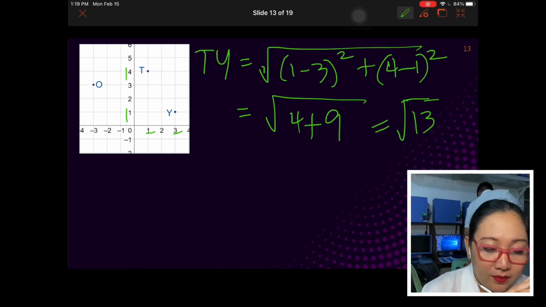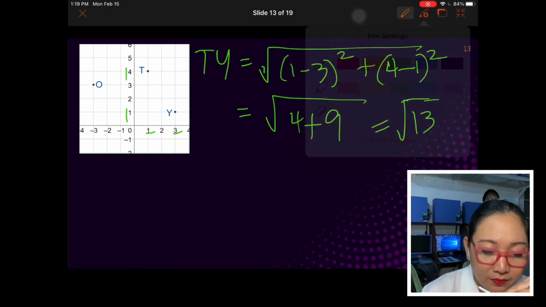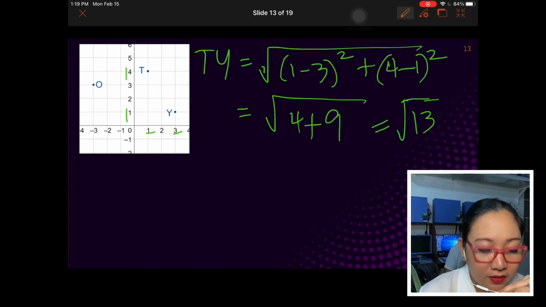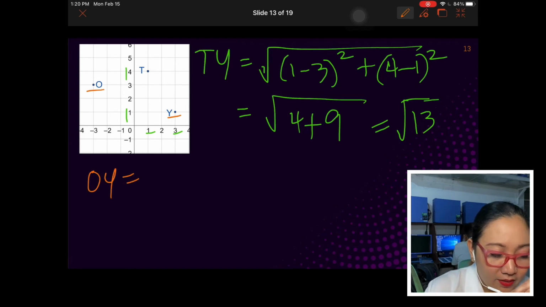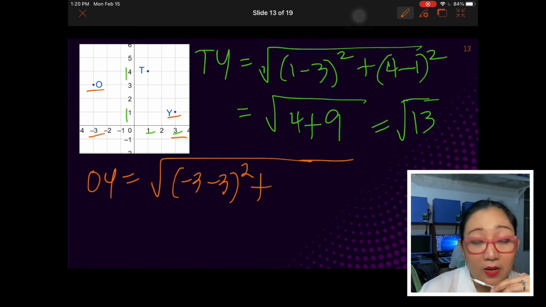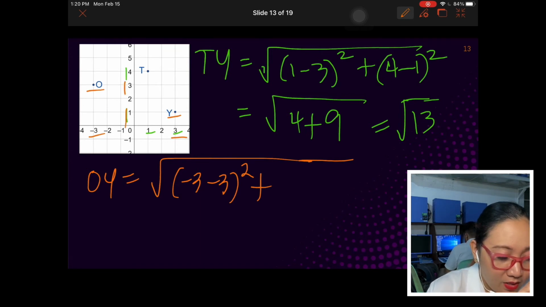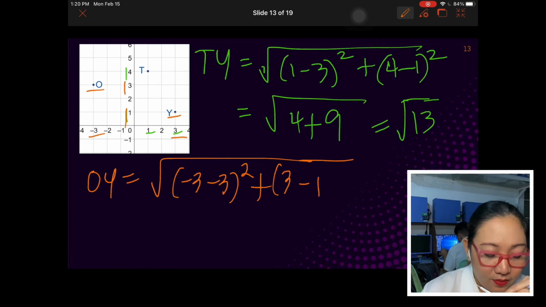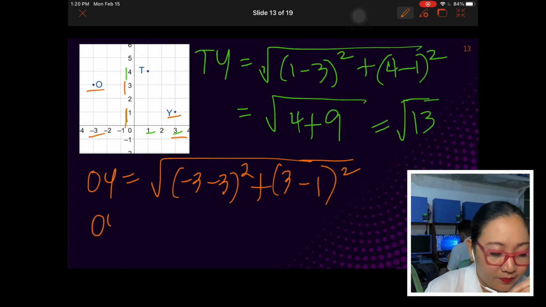Next, hanapin naman natin yung other side, yung O at saka Y. If we're going to look for OY, ano-ano ang kanyang x values? Negative 3 at saka 3. So, negative 3 minus 3 squared plus, yung kanilang mga y values, 3 and 1, so 3 minus 1 squared.